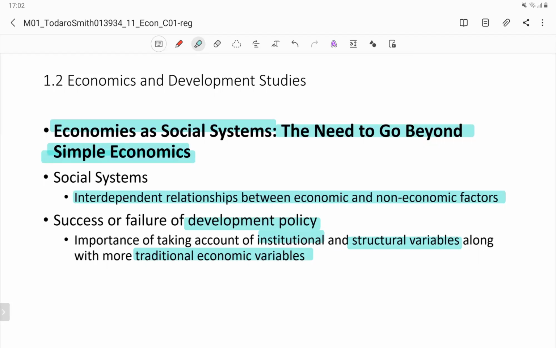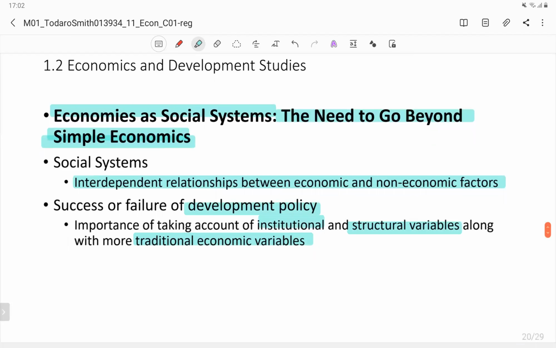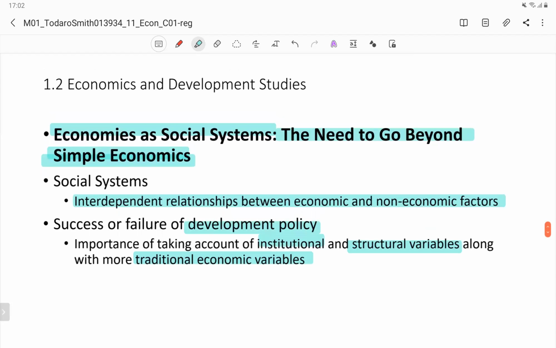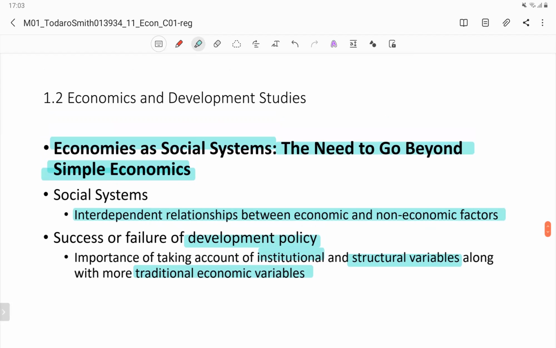No, we have to consider the institutional factor and the structural factor. You cannot just dump some money. You have to pay attention to health quality or education quality. For example, do they have school? Do they have enough hospitals? Can they access clean water and things like that? So that's important in development policy.